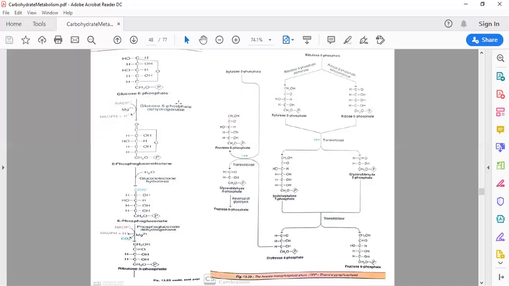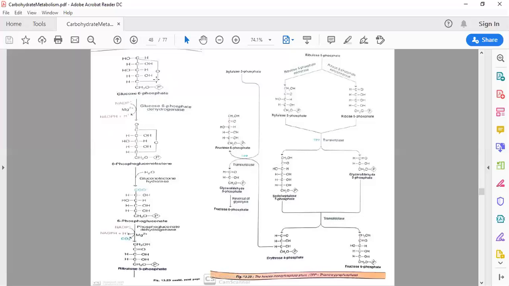This enzyme catalyzes an irreversible reaction. NADPH competitively inhibits the glucose 6-phosphate dehydrogenase, and it is the ratio of NADPH and NADP plus that ultimately determines the flux of this cycle.